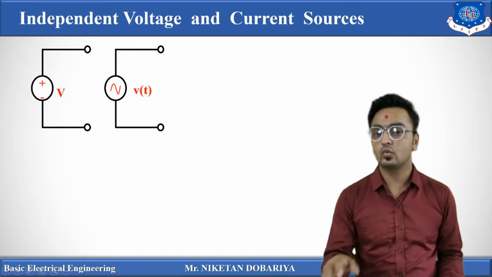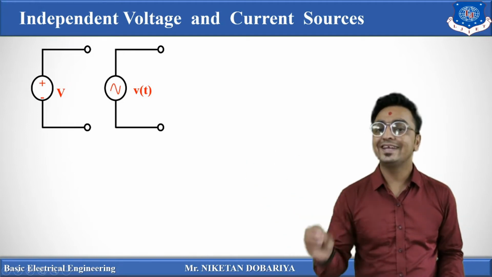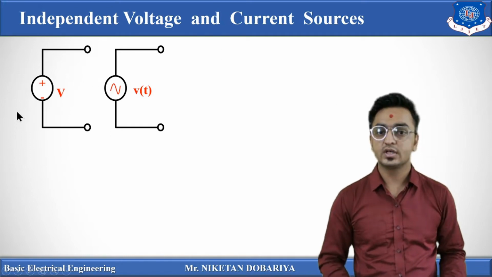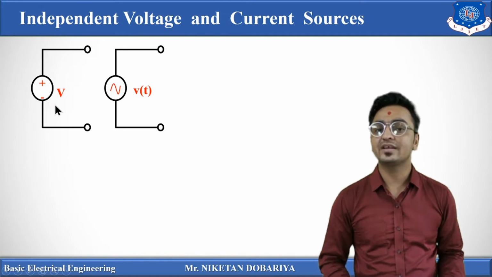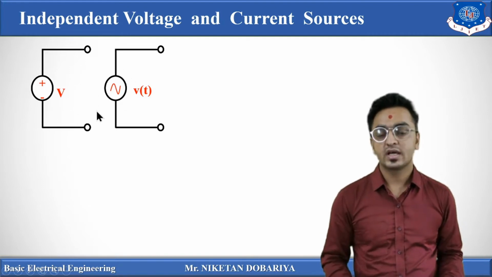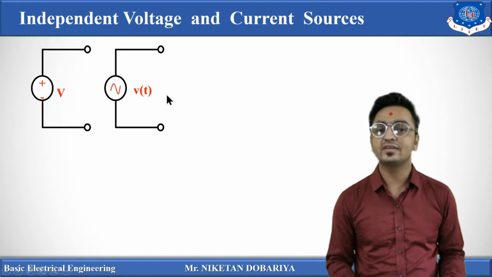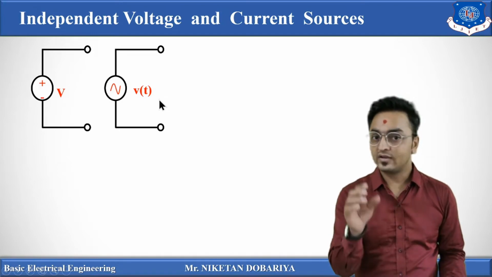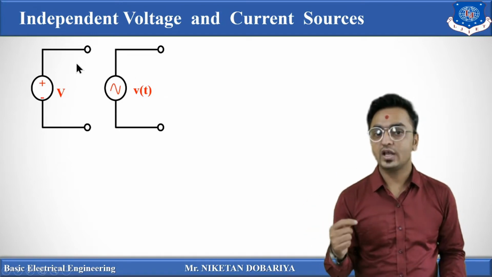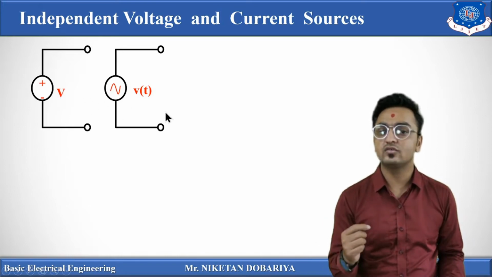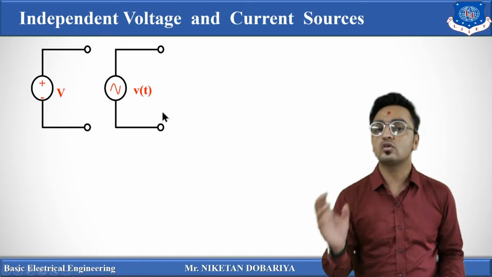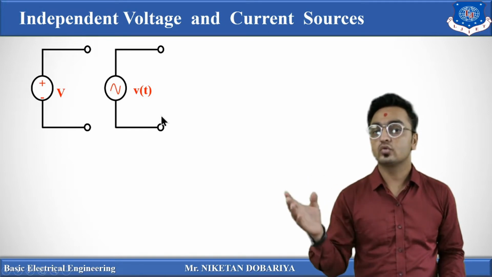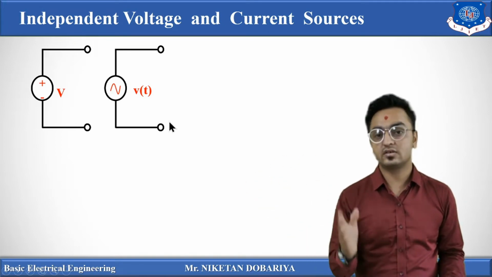As an example, as we are discussing the independent voltage source, these are its symbols. The first symbol represents a DC voltage source, and the second symbol represents an alternating or AC voltage source. Now, what is independent here? The value of this DC or AC source is going to be constant whether you connect this source with any circuit.